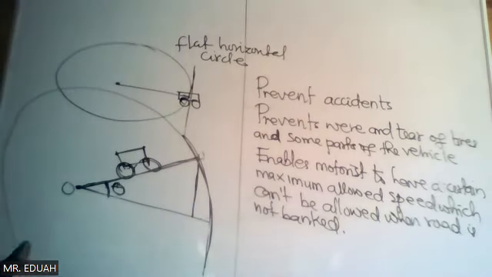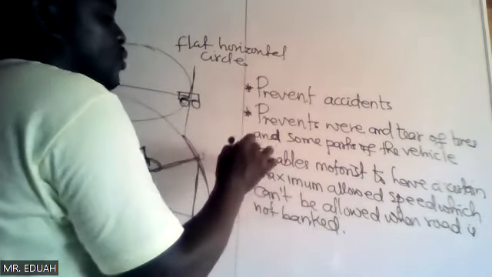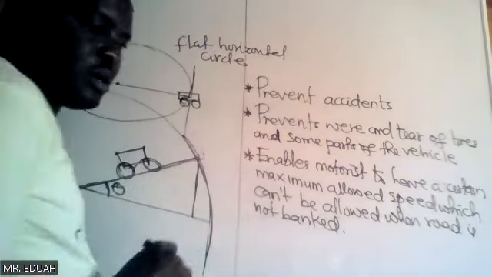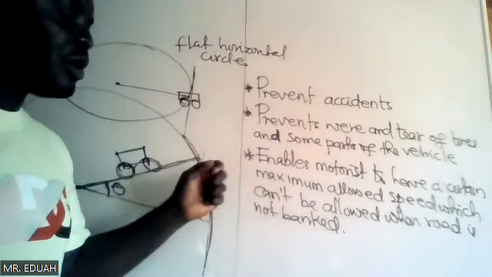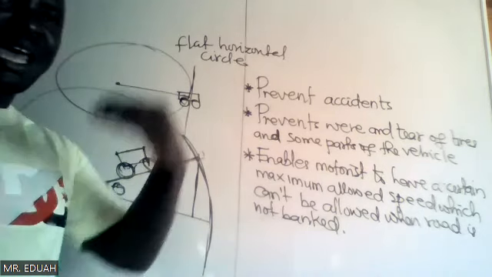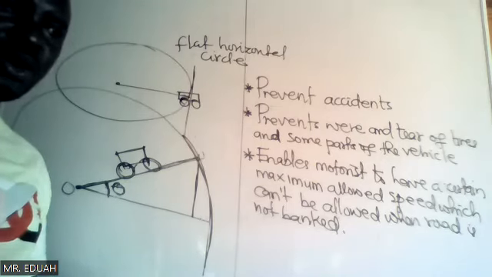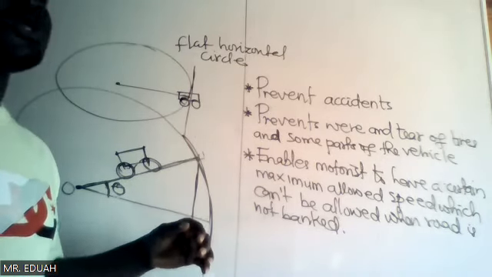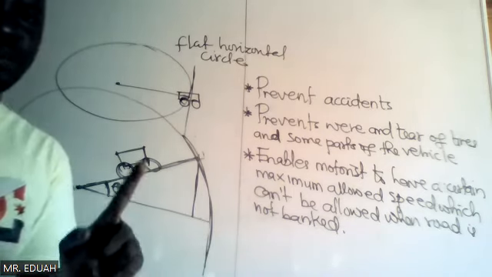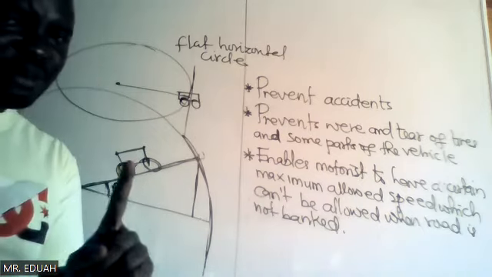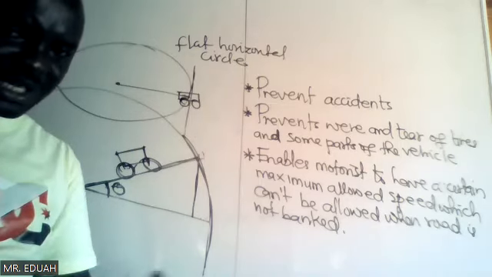There are some speeds motorists cannot embark on when the road is not banked. There's a limit you can go in all cases. But when the road is banked, that limit is higher than when it is not banked. So you can easily go through a certain speed which will be allowed on a banked road. But that maximum speed will certainly not be allowed when the road is not banked.